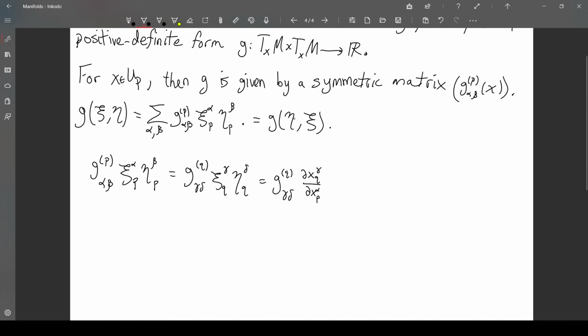Technically I should be writing the summation signs, but as I said before, the Einstein summation convention, which I may have mentioned in either episode 0 or episode 1: if you have a repeated index in the bottom and the top, then they are to be summed over.